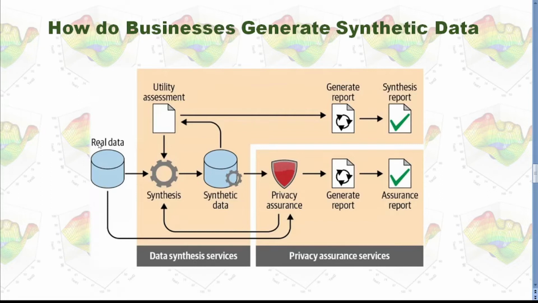Usually businesses will feed the real data to privacy assurance, and after privacy assurance, it will start the synthesis process. After the synthetic data is generated, it will pass the utility assessment, and then go back to the synthesis process. And eventually, it will generate a synthesis report.